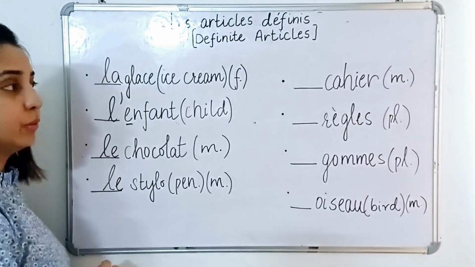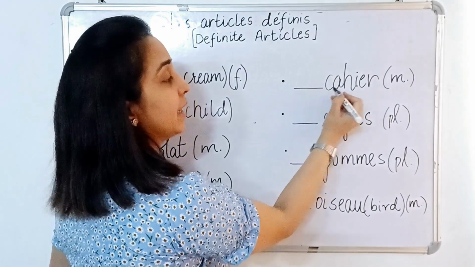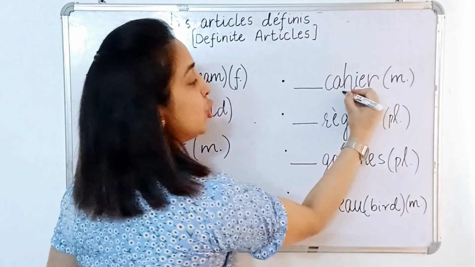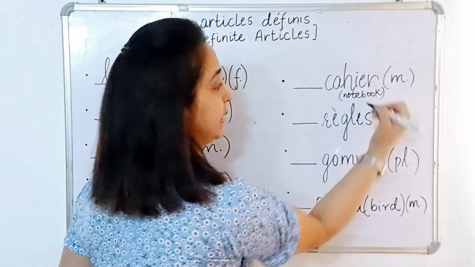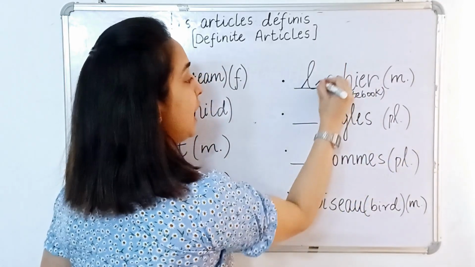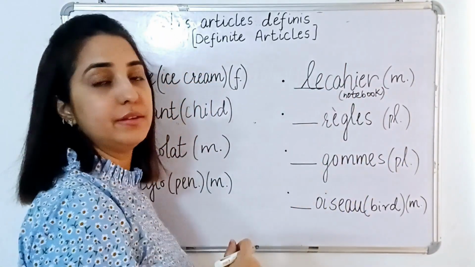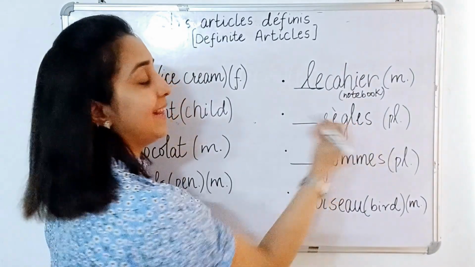Then we have cahier. Cahier is notebook, and it is masculine, so we will use le: le cahier. Then règle.